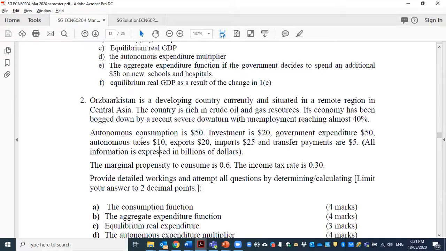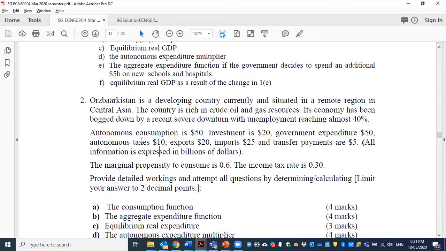And transfer payment, TR, is 5. Then marginal propensity to consume, MPC, which is B, is equal to 0.6. The income tax rate: 0.3 means that 30% of my income I have to pay as tax. So small t is 0.3.